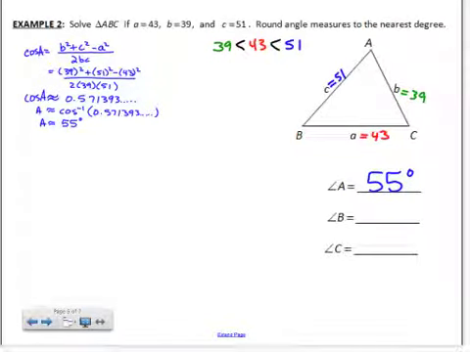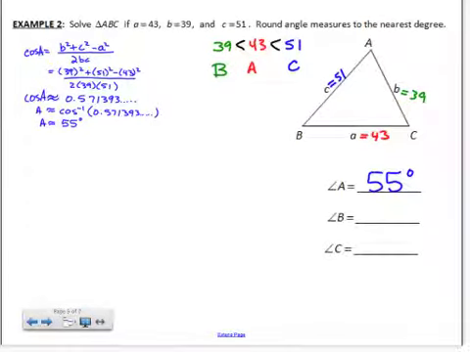So the really important thing we should take away from that is our biggest angle has to be opposite the biggest side, and our smallest angle is going to have to be opposite the smallest side. C is the biggest side. My badness. That's side C. The length of 39 is opposite angle B, and 43 is opposite angle A.